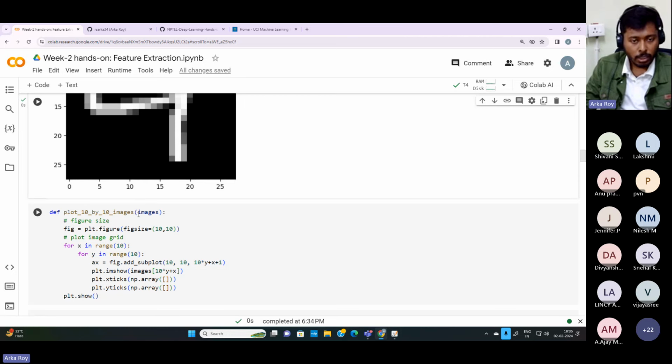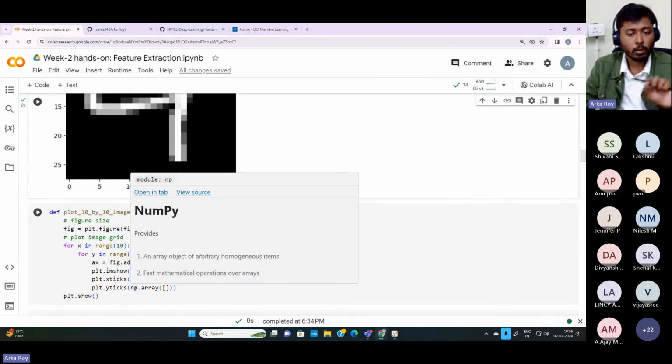We'll be using some image vector, and as it is a 10 by 10 image, we have written plt.figure with a figure size of 10 cross 10, and we are writing the loop like so. This outer loop is basically for the columns and the inner loop is basically for the rows, and it will fix the axes, and then it will put one image at a time.